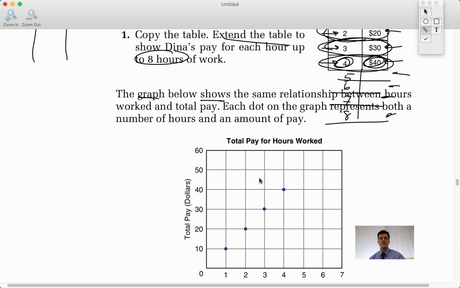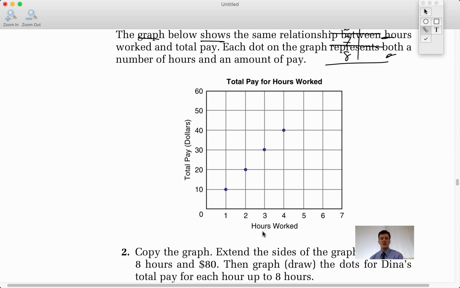Hours and pay. Here, along the horizontal line of this graph, we have hours worked. And over here, along the vertical line of this graph, we have the total pay that she received. So if I want to represent each of those points, if she works 1 hour, she's going to get $10.